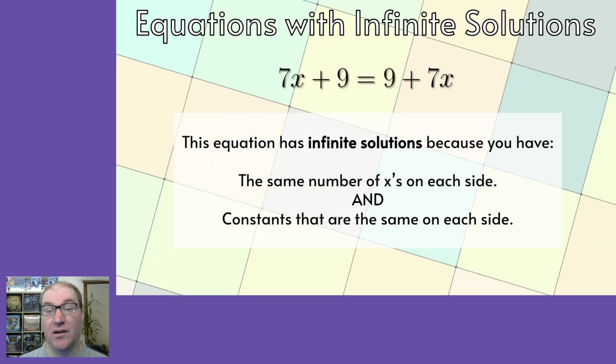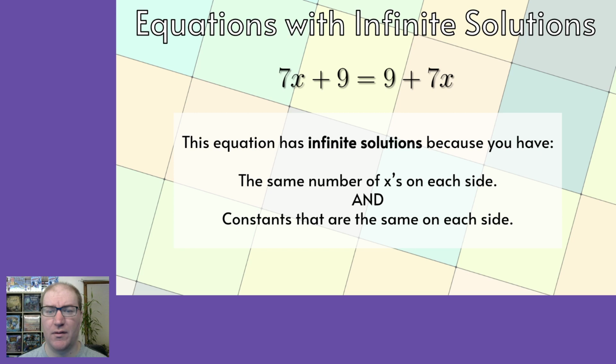Here's another example of an equation with infinite solutions. Remember, infinite solutions happens when you have the same exact number of variables on each side. So we have 7x on both sides of the equal sign. And the constants are also exactly the same. So it's fine. The order of this problem is not the reason why it has infinite solutions.